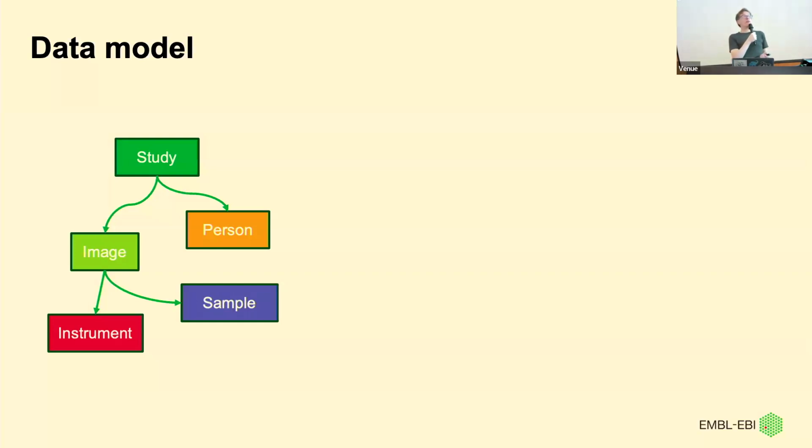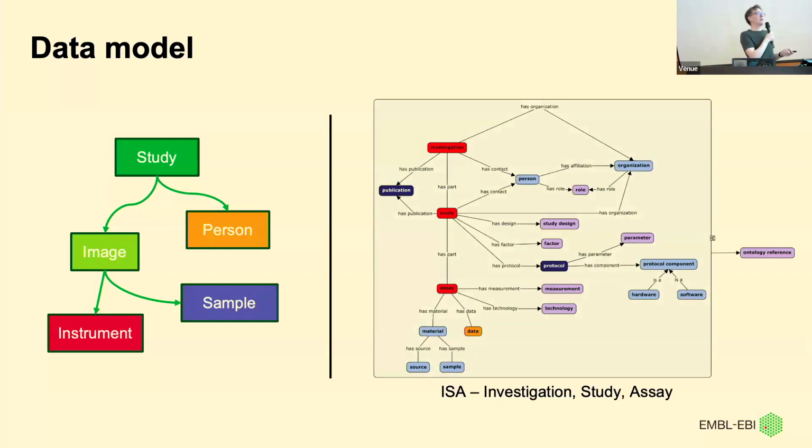As soon as you do this in the real world, it tends to get more complicated. So I polled somebody in one of the talks over the last couple of days, who mentioned the ISA, Investigation Study Assay Model, which is used in quite a lot of different bits of life sciences to describe data. And from ISA's website, I pulled the full chart of their data model.